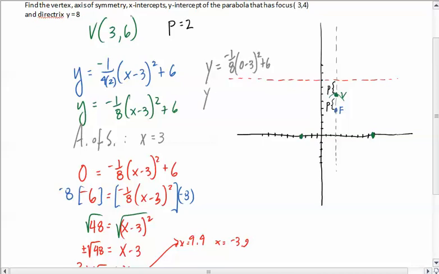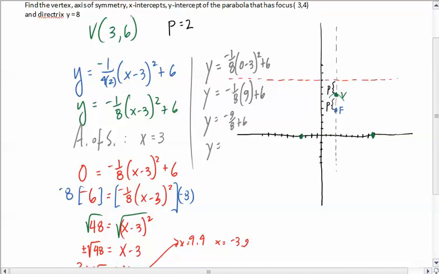We have negative 1/8 times 9, plus 6. Okay, so we have negative 9/8 plus 6. And negative 9/8 is really negative 1 1/8.